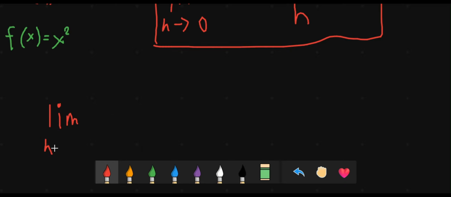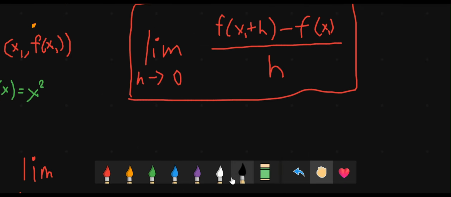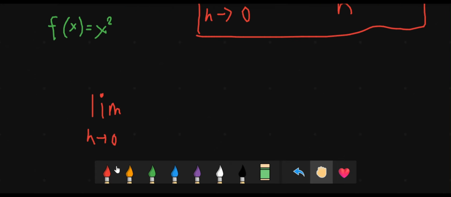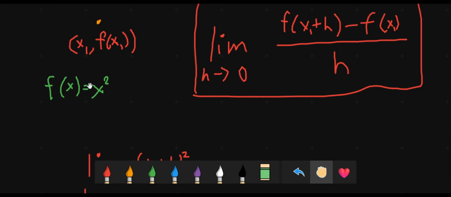Instead of using f of x plus h, we're going to literally plug it into the function, so we get x plus h squared, because f of x is x squared.